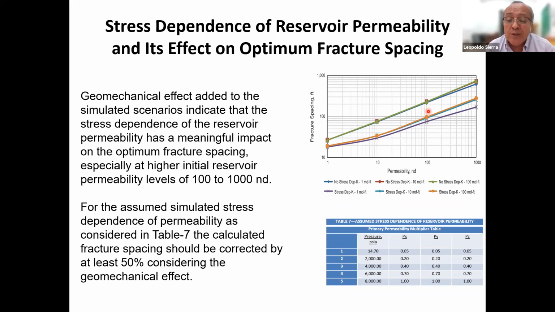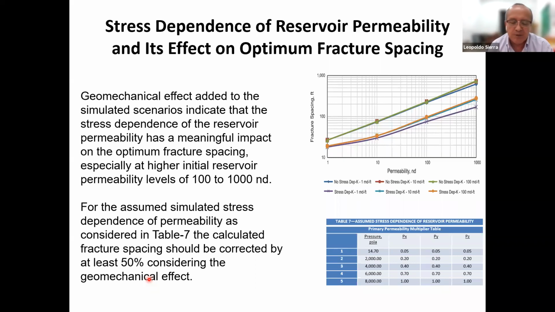Considering this typical effect of stresses on permeability, we're showing here that especially for unconventional reservoirs, it will be necessary to make at least about 50% correction of the fracture spacing to minimize the effect of the stresses on the recovery factor in gas producer reservoirs, oil producer reservoirs or liquid producer reservoirs.